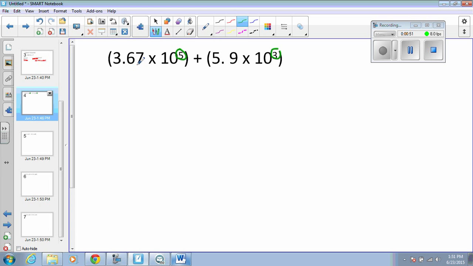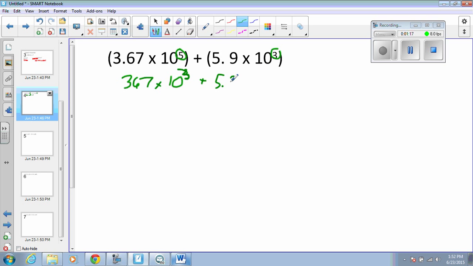If I move this decimal place 2 spots over, that means it's 367 times 10 to the third. Now, that's not in correct scientific notation form, but we need to do that in order to add the numbers together.